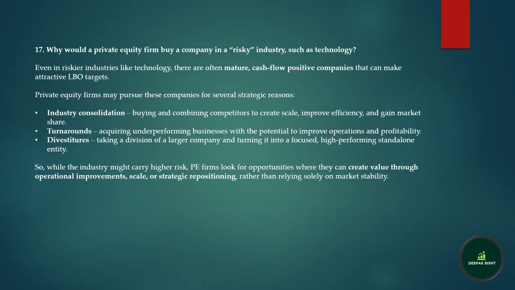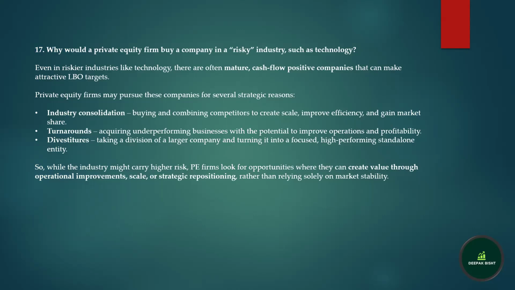The second point would be turnaround potential. Even in a risky industry like technology, there may be cases where technology companies are not living up to their potential. So a private equity firm may invest in a technology company that is struggling for a reason such as mismanagement, inefficient operations, or underinvesting in R&D or marketing.